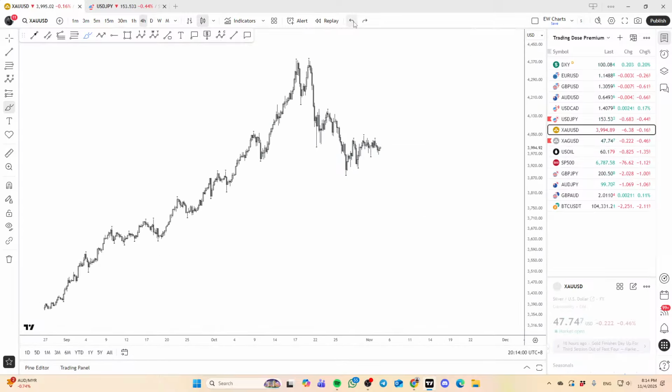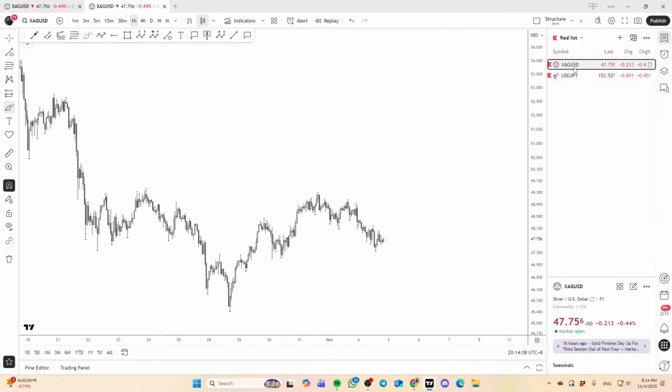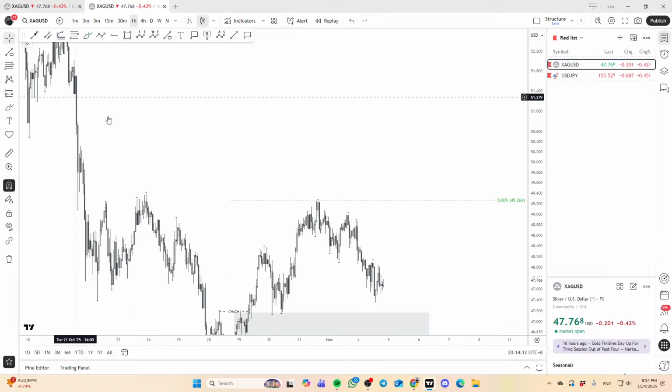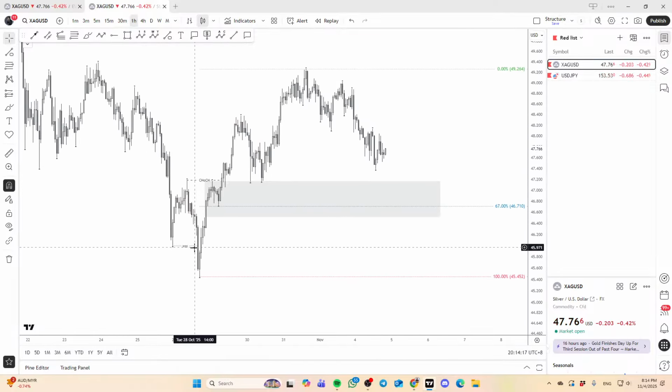So right now here we are looking at the possibility of a 3-wave move to complete the B wave. And on the lower time frame, if I bring you to the hourly here, we might get a setup, right? So you can see here we do have some conditions fulfilled, right? You have that liquidity sweep, you have the change of character over here.